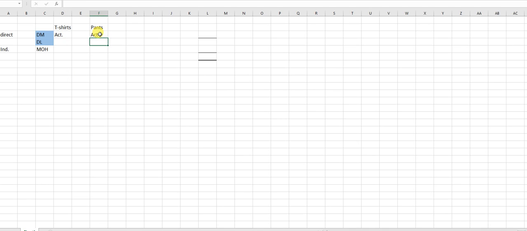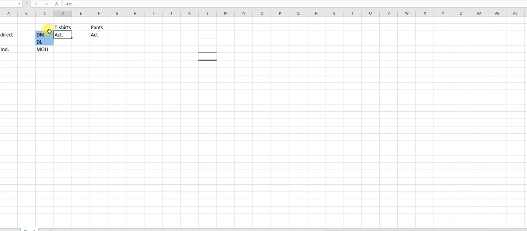So if we want to figure out the actual direct materials cost, a t-shirt takes approximately 2 yards of fabric. Each t-shirt takes 2 yards and it's $10 a yard, so I have $20 of direct materials. That's pretty easy to track.